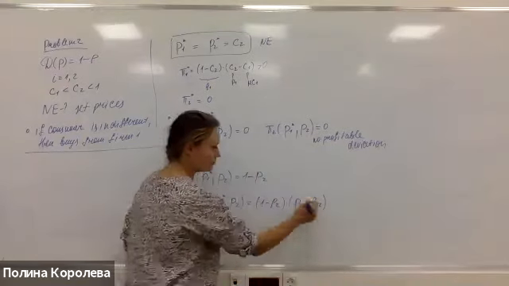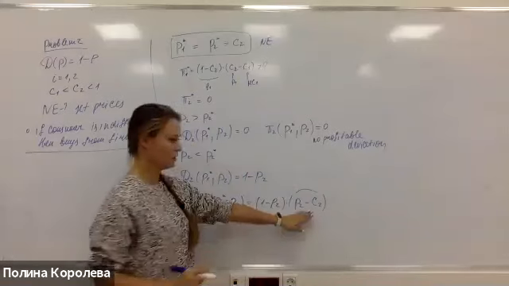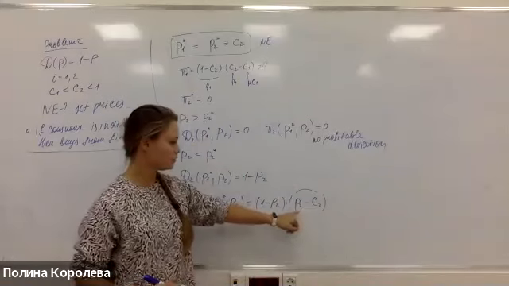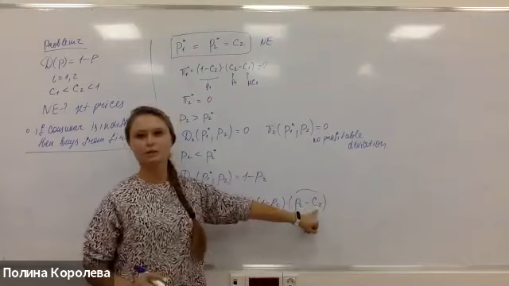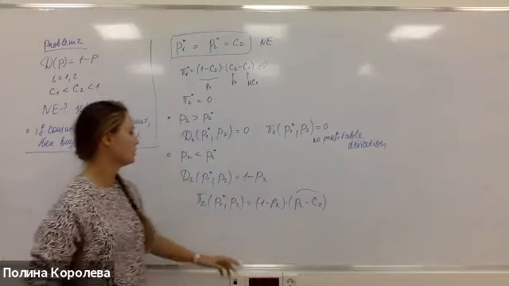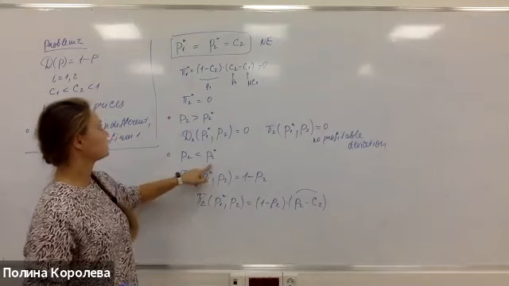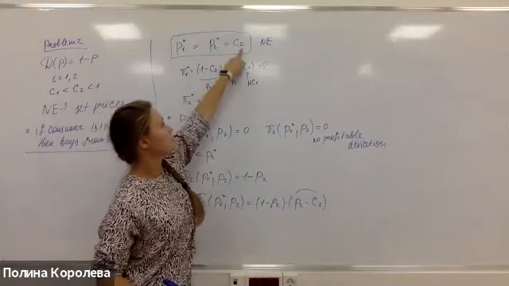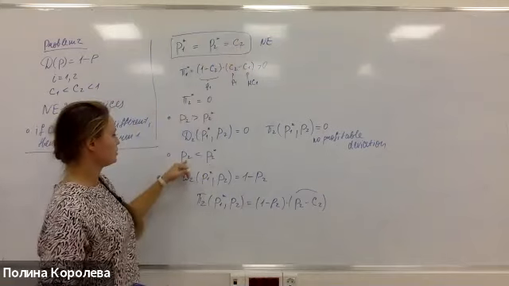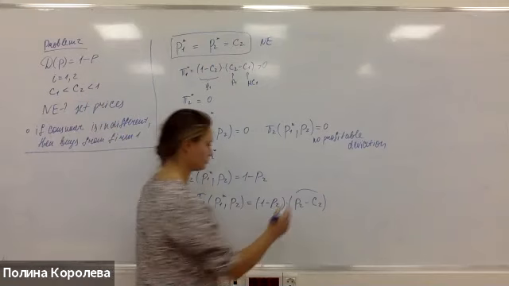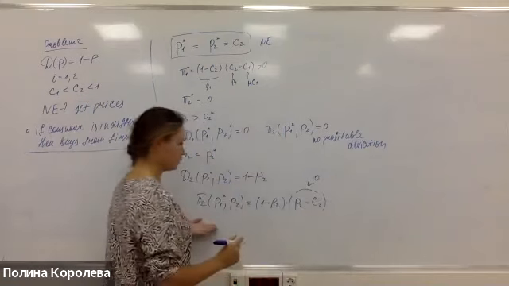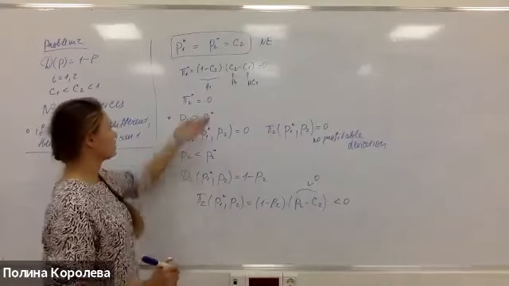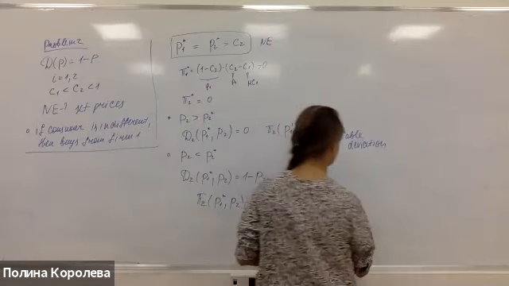And this bracket is less than 0, because the price is now lower than the marginal costs of the second firm: price in equilibrium is equal to C2, and now P2 is less than C2. So the profit will be negative, and in equilibrium profit is 0. We don't want negative profit, so this is also not a profitable deviation.